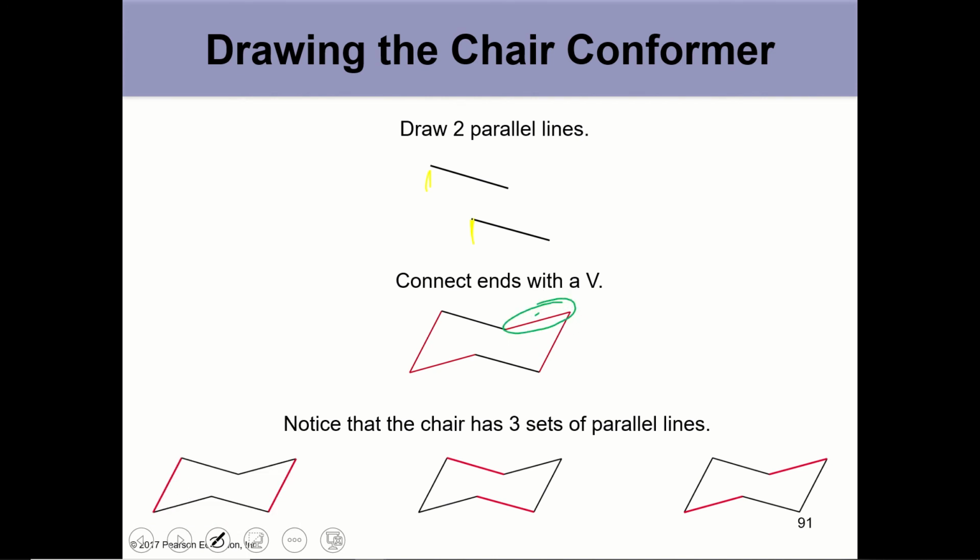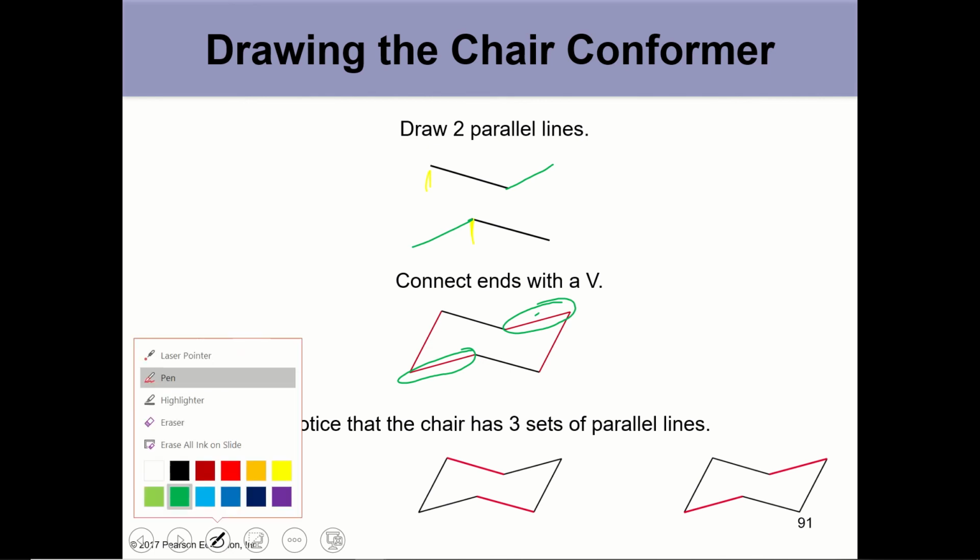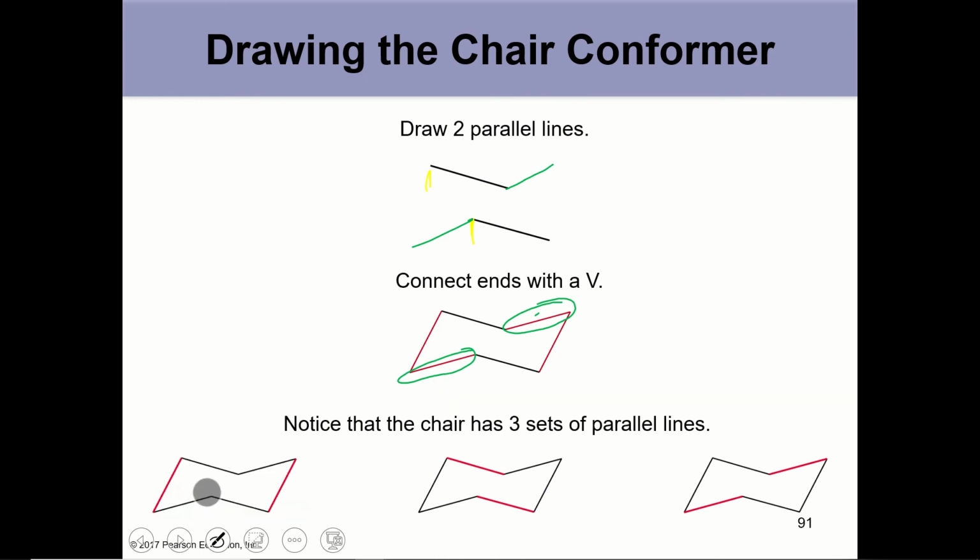So this parallel line circled in green is parallel to this other line. And then we have parallel lines that close the two ends, which I will circle in blue. So we have a series of parallel lines that we can draw in order to obtain the chair conformer.